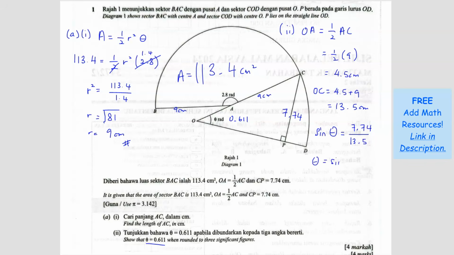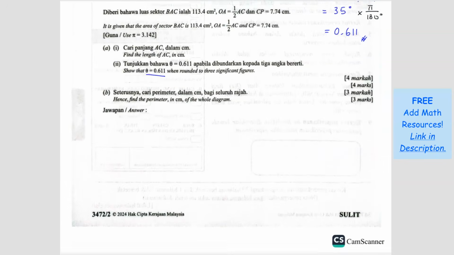So you get sine inverse of 7.74 over 13.5, and your answer is 35 degrees. Convert it to radian, so times pi over 180. You should get 0.611. That is your answer. Alright, so question A2 is done.